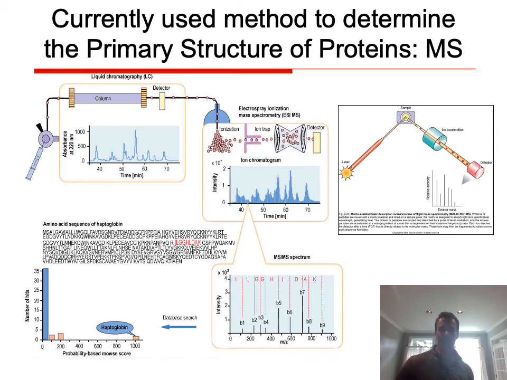And basically what happens at each time, you can get the parent ion masses for that peptide, and then you can bombard that peptide with electrons, and you basically cut that peptide into smaller pieces using those electrons within the mass spectrometer, and then you get fragment ions. And so basically you can put those fragment ions together to piece together the peptide sequence.